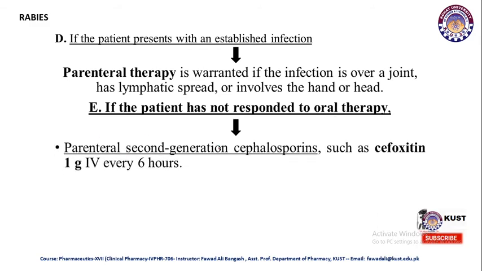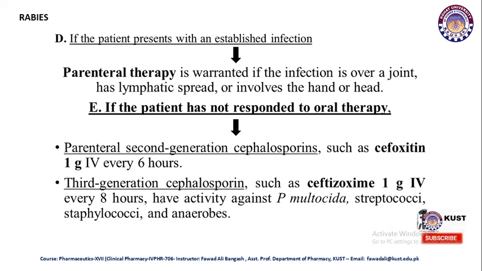a parenteral second generation cephalosporin such as cefoxitin, 1 gram IV every 6 hours, or a third generation cephalosporin such as ceftriaxone, 1 gram IV every 8 hours, have activity against P. multocida, streptococci, staphylococcus, and anaerobes.